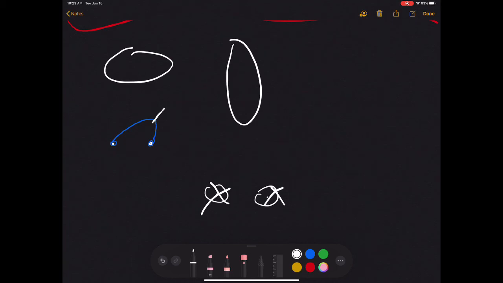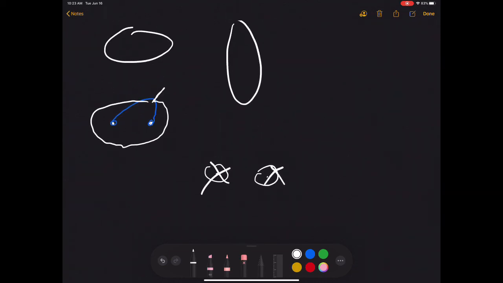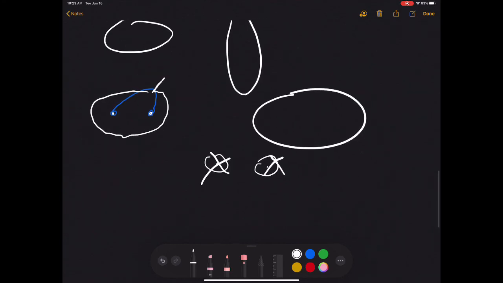Pretend that's a pencil, please. If you keep rotating it around, make the string taut and just keep stretching it out as much as possible, and follow the path it draws for you, it'll be an ellipse.